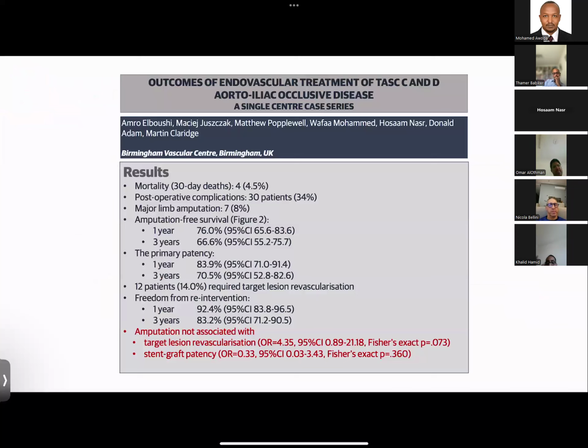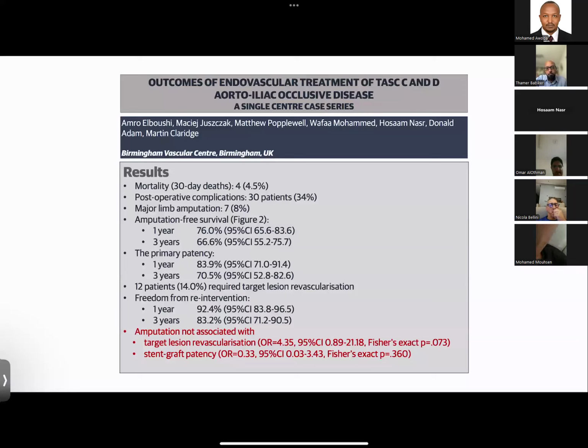And the next question is, do we use the CERAB? The CERAB technique is obviously the one where we use an aortic stent and then put two iliac stents from it, so essentially reconstructing the normal anatomy of the aorta, or do we use parallel stents? And again, there's no real good answer to this, and this is our work from Birmingham, and we have always used parallel stents.